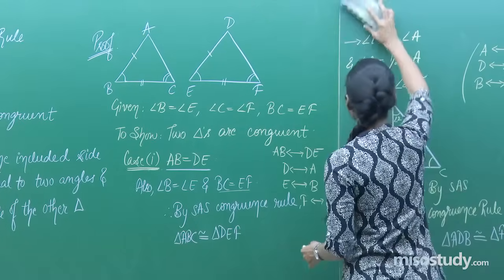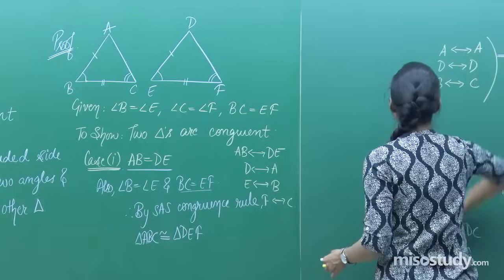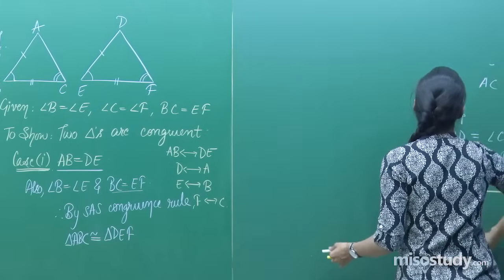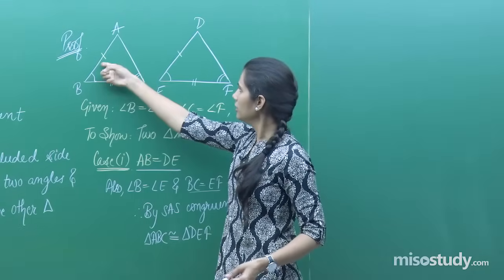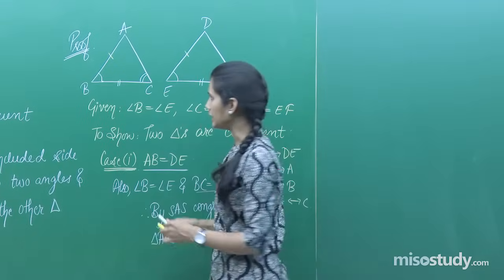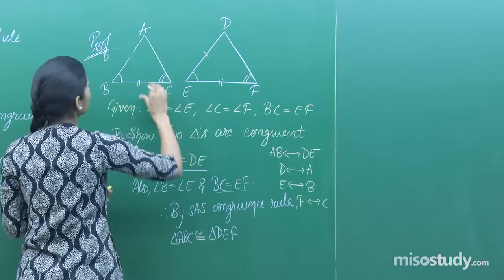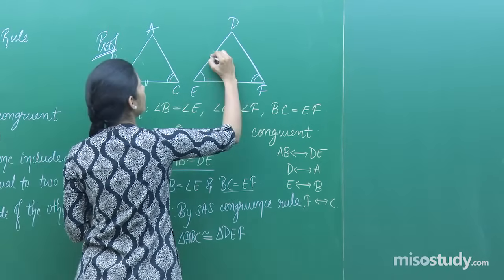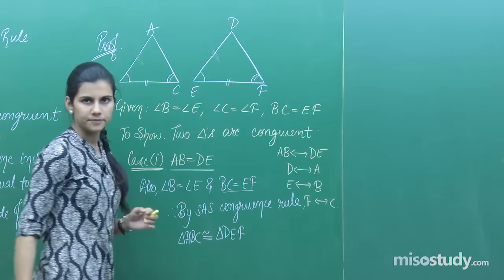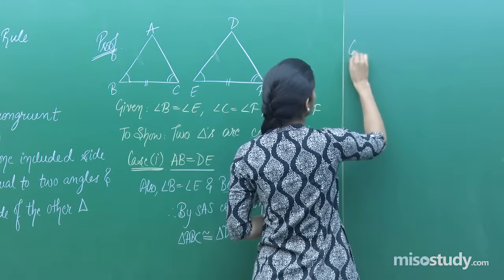Now comes the second case. When the length of AB is not equal to the length of DE. So let me rub this. Length of AB is not equal to length of DE. Fine, that's case 2.